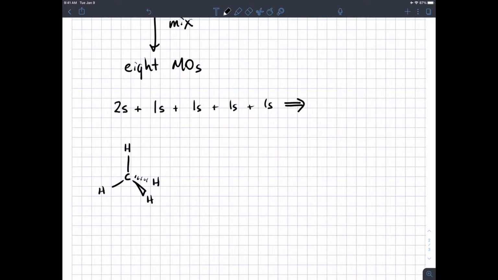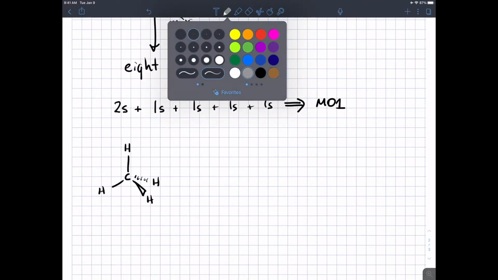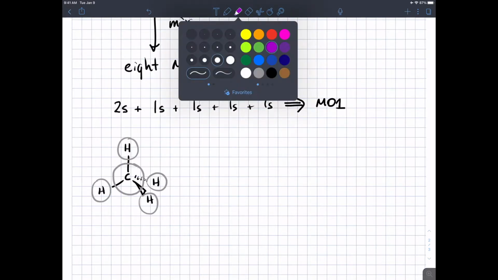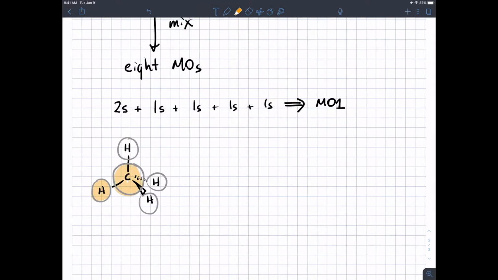Together, those orbitals are going to make molecular orbital 1, which is only one of our 8 molecular orbitals. If I were to combine the 1s orbitals on the hydrogens with a 2s orbital on carbon, all with the same wave function sign, those are all the wave functions I'm adding together to get the new one.